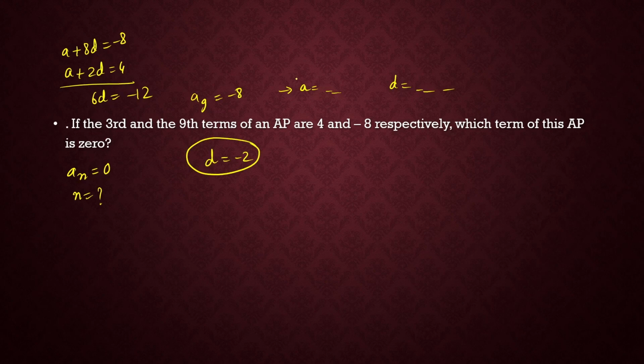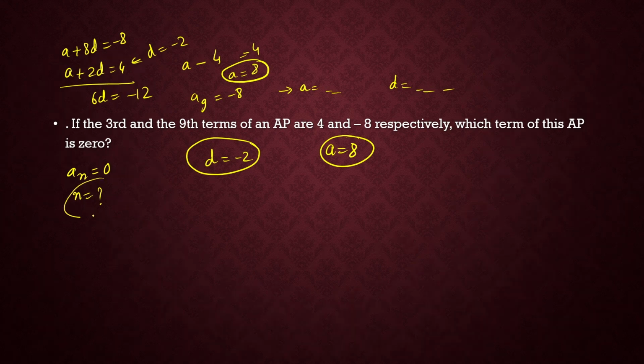And now you have to find the value of A. So for that you have to just substitute D equal to minus 2 in any one of your equations. If I substitute D equal to minus 2 in the second equation, then that becomes A minus 4, 2 into minus 2 is minus 4, is equal to 4. So A is equal to 4 plus 4, 8. So you got the value of A as 8.